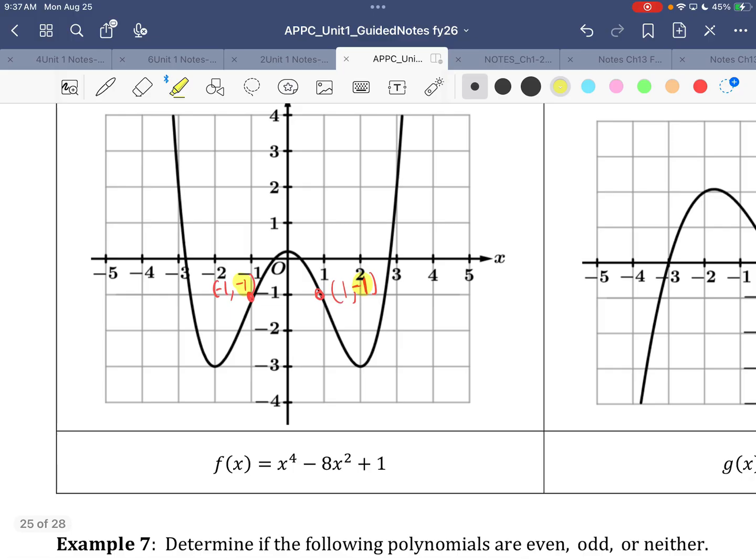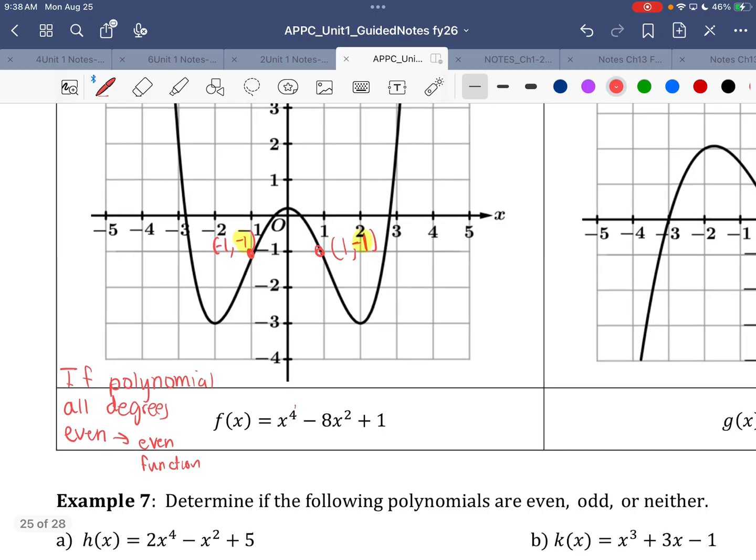You can also tell, if it's a polynomial, remember polynomials have positive integer, so whole number, exponents. So if it's a polynomial and all the degrees are even, it's an even function.